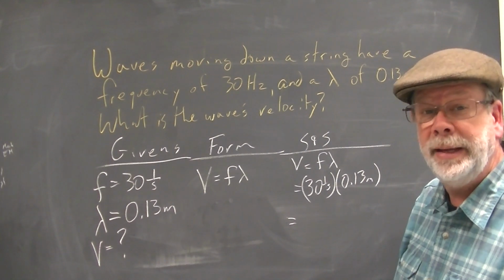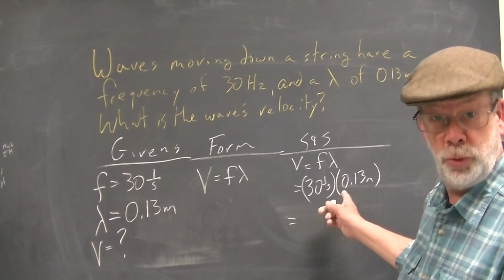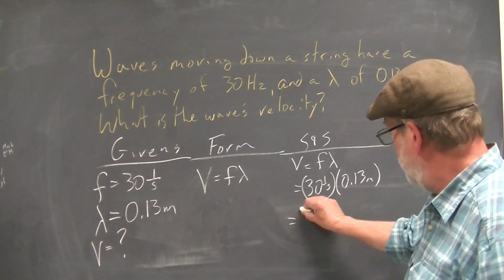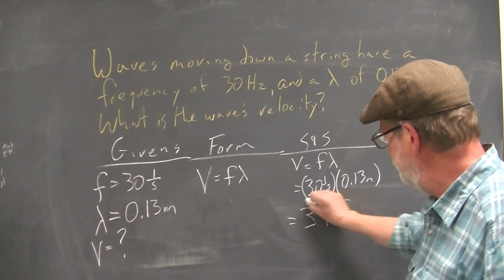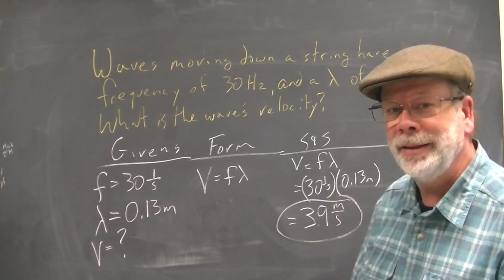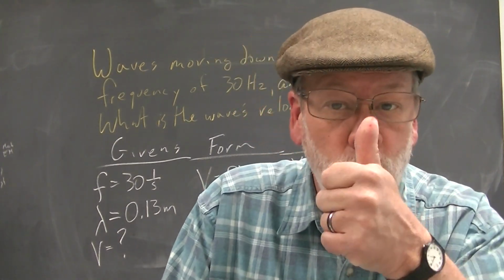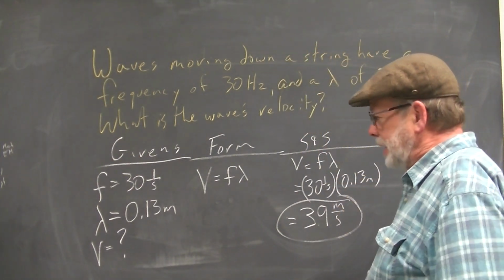I'll give you a second. All right, did you get 3.9 meters per second? If you did, you calculated that wave's velocity, and you did it well. Good job. All right, well, that's how we would look at that.